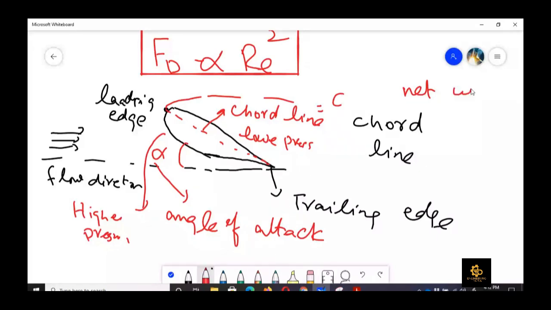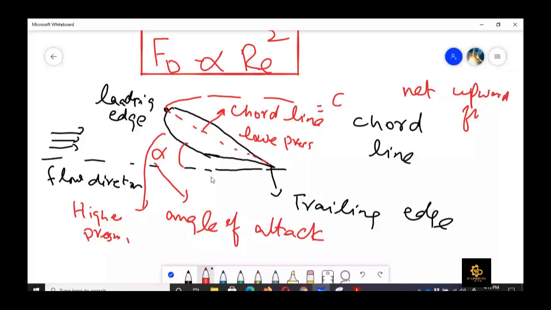That is why the aeroplane is tilted so that the angle of attack is positive, and when we need to land, we would have a negative angle of attack, so that on the upper side we have higher pressure and on the lower side low pressure, so that it can come down. Okay, so that was one thing, angle of attack.